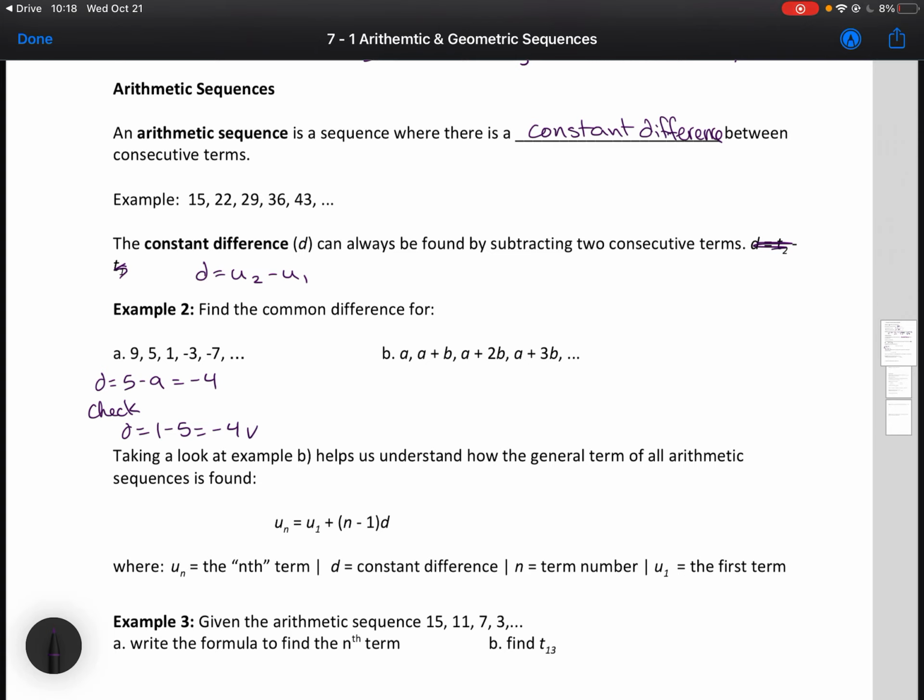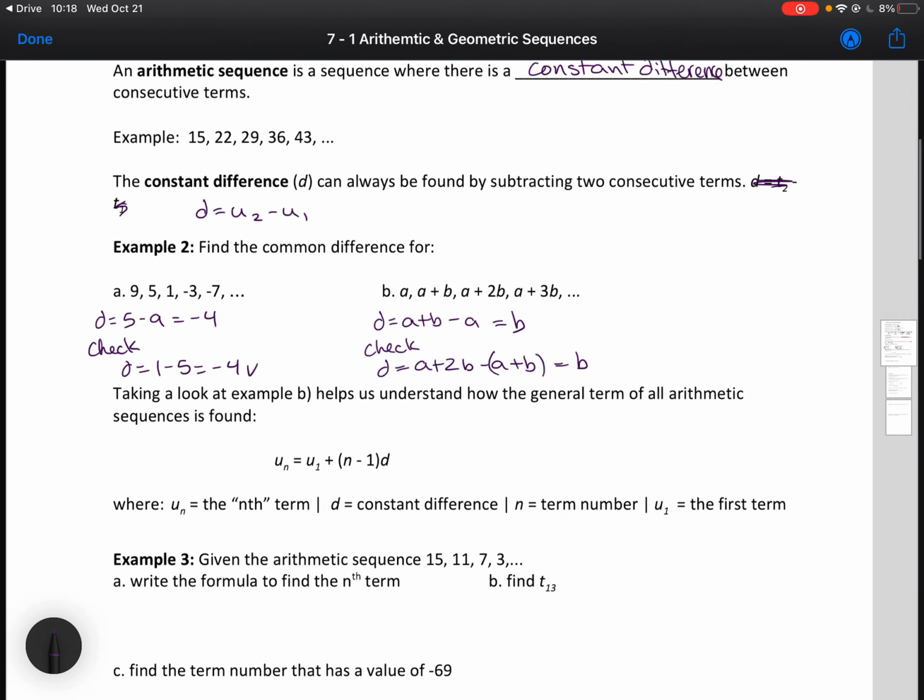Here is a little bit more conceptual one. We've got our second term minus our first term, which is going to make my difference equal to b. And then checking another pair, I would have a plus 2b minus (a plus b). Don't forget about the brackets.